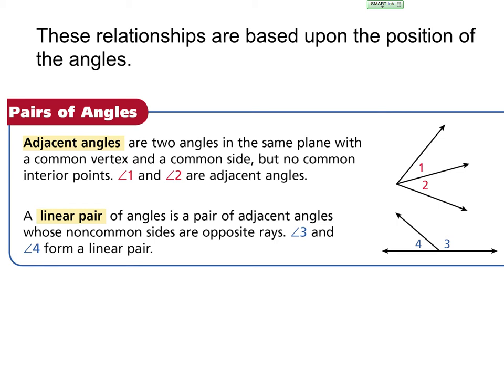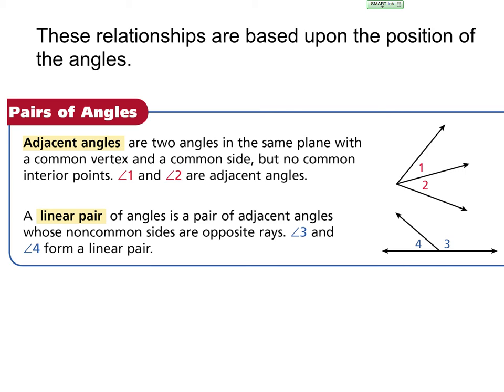If they're overlapping, that's when they would have some common interior points. We want them to be side by side. That's called adjacent angles. So in that picture off to the right, angle 1 and 2 are adjacent angles. They don't have to be the same size. Those kind of look like they're close, but you can have one real skinny and one real wide. But just side by side, basically.